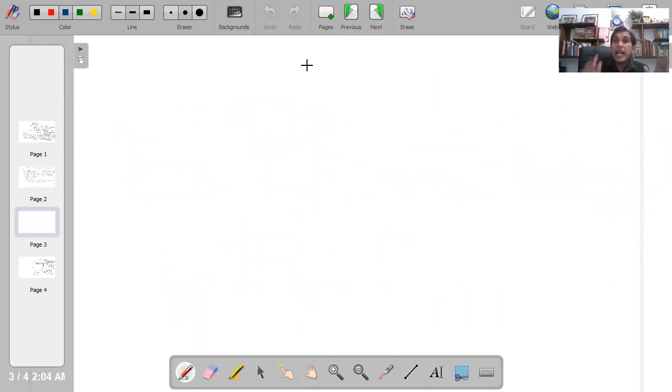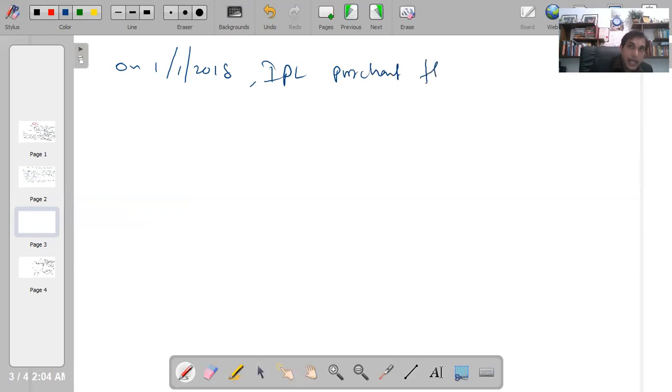Now I have already discussed the answer, so this is writing time. I already told you the starting date is 1st of January 2018, not 1st of March 2018. So let me write it. On 1st of January 2018, IPL purchased the land and the loan was obtained.